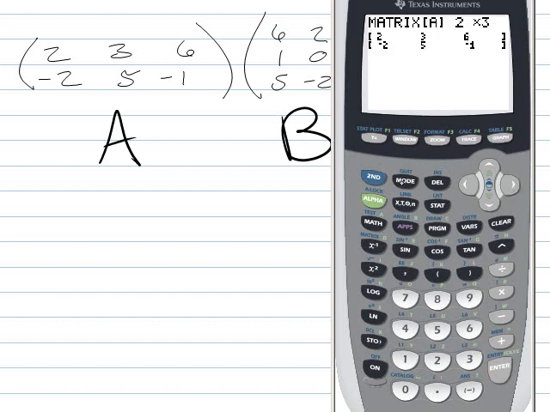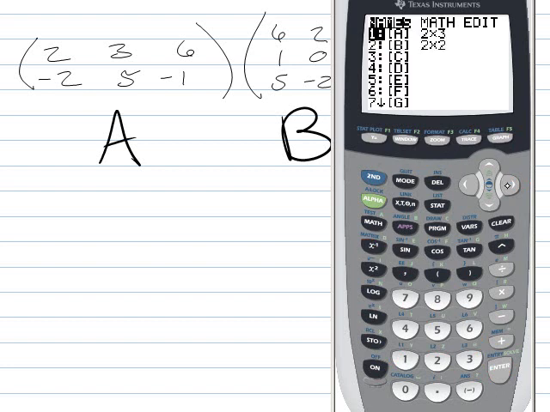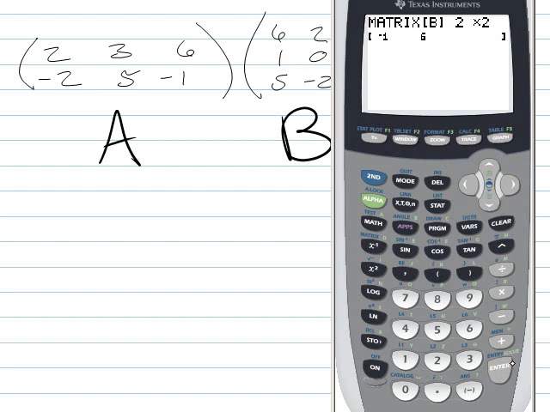Good. Wait, oops, I did that wrong. Forgot to hit the down button. There we go. And this is a 3 by 2. So it's a 6 and a 2 and a 1 and a 0 and a 5 and a negative 2.